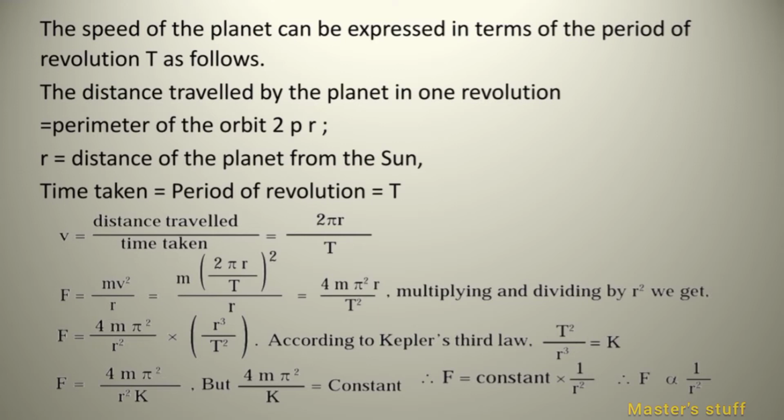Thus, 4m pi square upon k becomes constant. Therefore, F is equal to constant into 1 upon r square. Therefore, F is directly proportional to 1 upon r square.